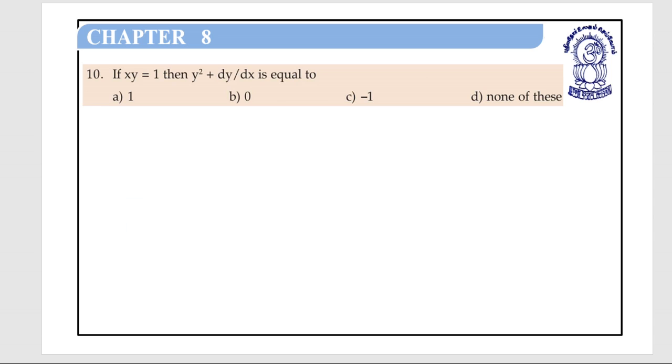If xy is equal to 1, then y² plus dy by dx is equal to? So xy is equal to 1.